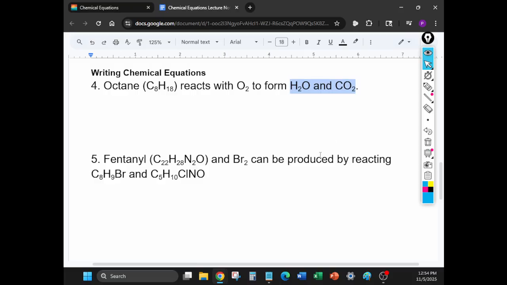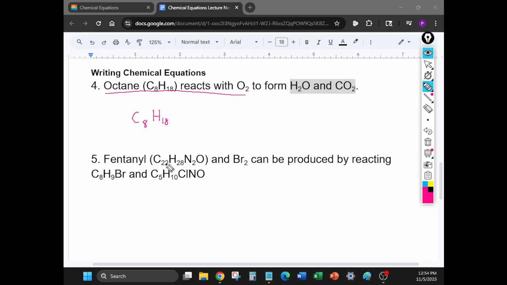So now that you know that, you guys can write your reactant and product. So you start with octane and O2. So on the left side of the arrow, you'll have C8H18. You're reacting with O2, so plus O2. Okay, so you're starting with these 2 chemicals.